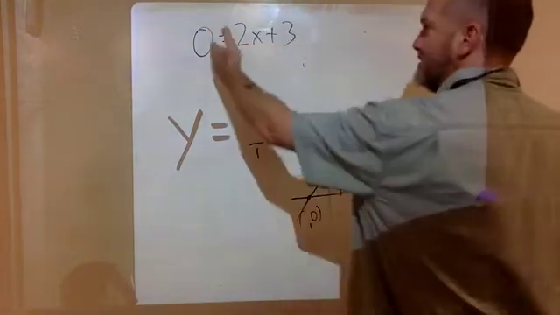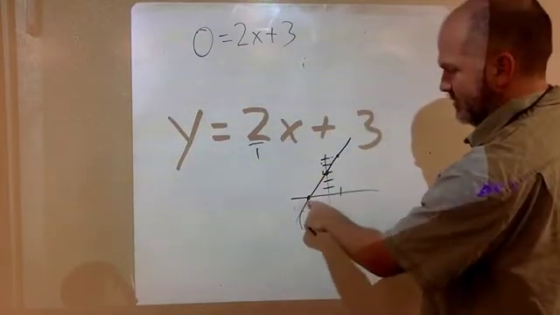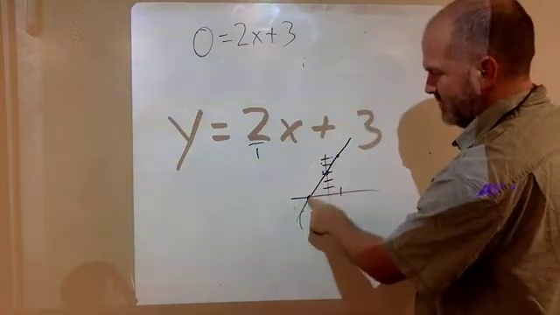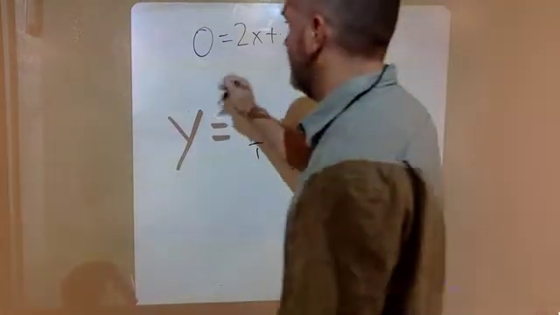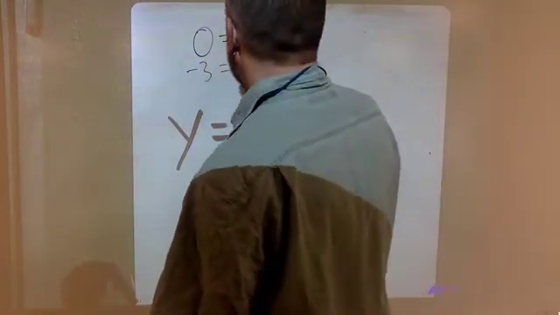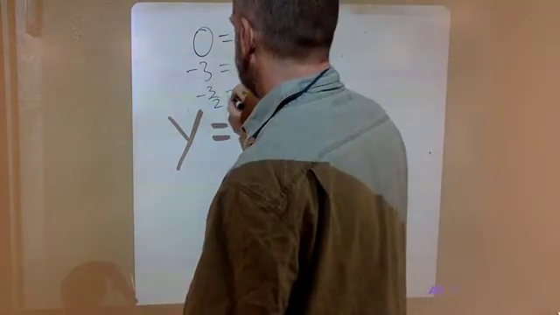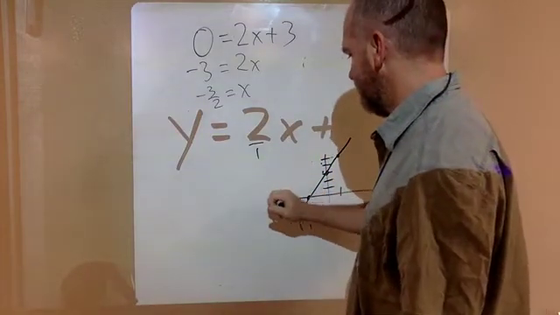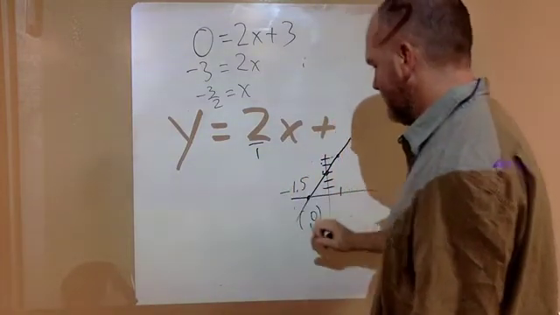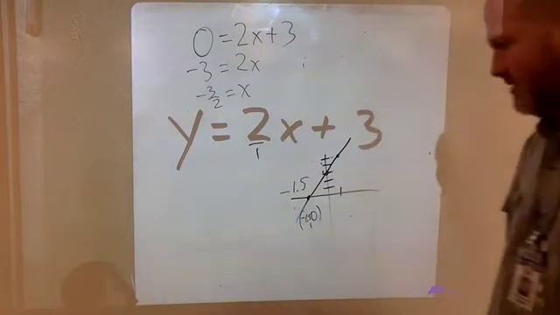So when y is 0, what is x? That's what this is saying. When y is 0, which it's 0 right here on the line, what is the x value? And then you could solve this for x. You could subtract 3 to the other side, and then divide by 2, and you get -3 divided by 2 is equal to x, which is -1.5. So the x-intercept is (-1.5, 0).